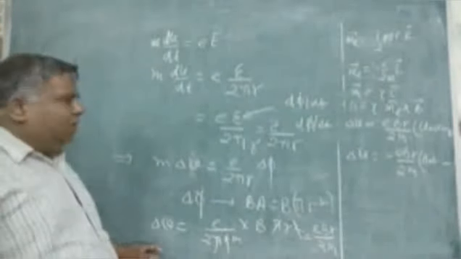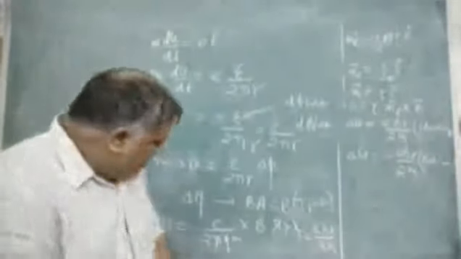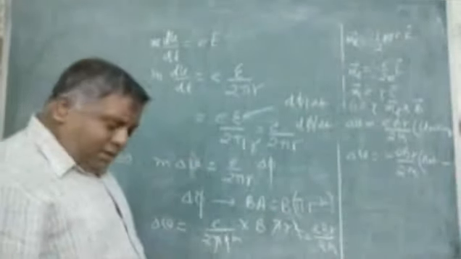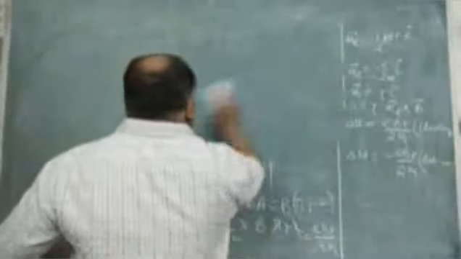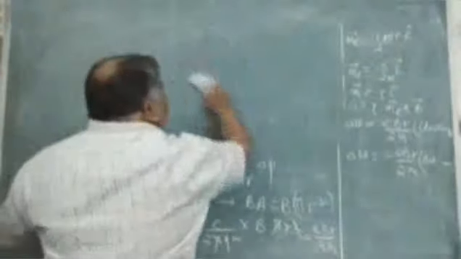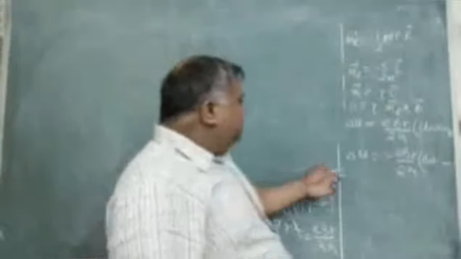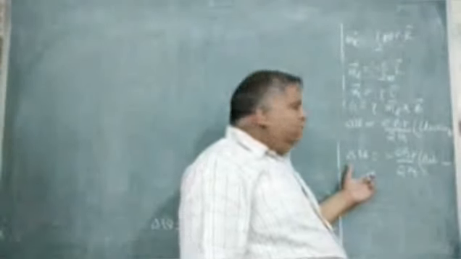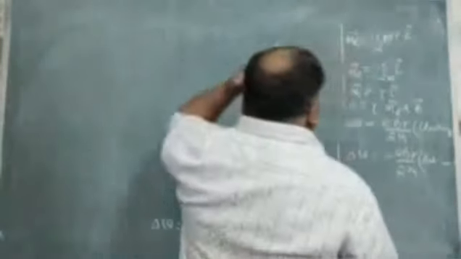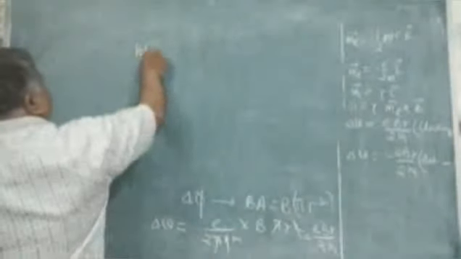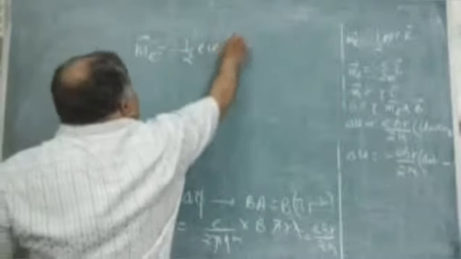So in this way we can reach this result in another way. Now we have a change in velocity and we have the magnetic moment of e v r over 2.